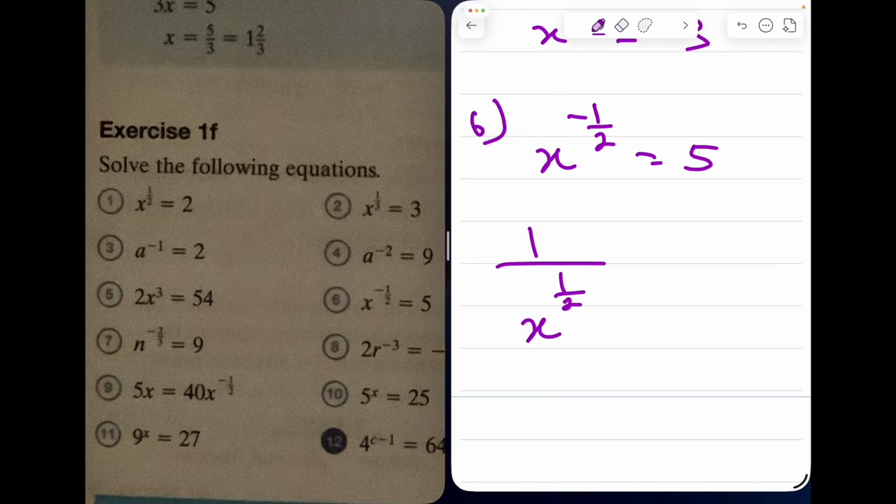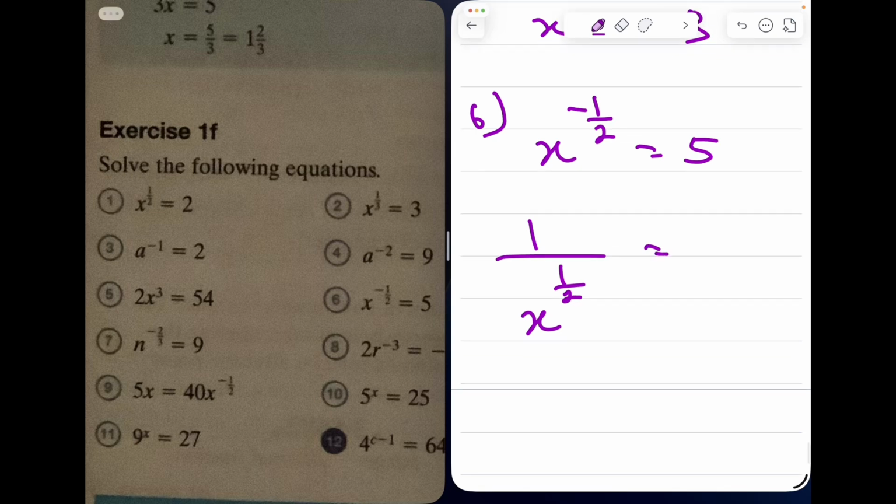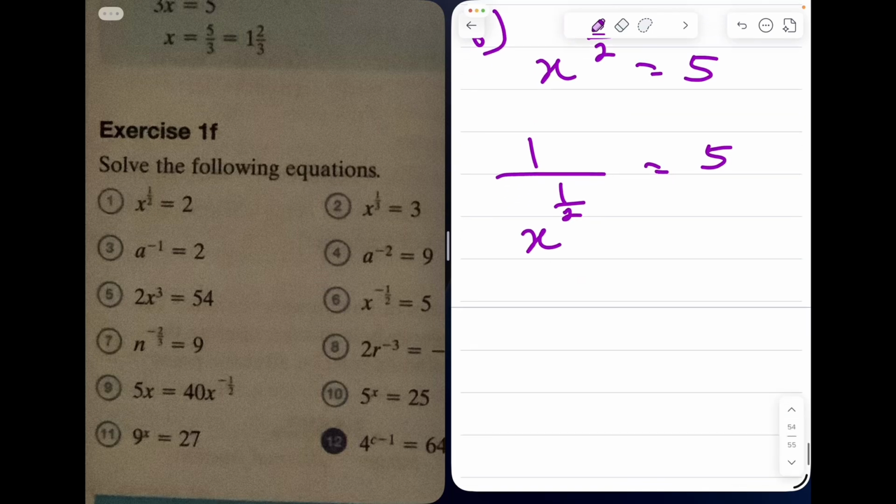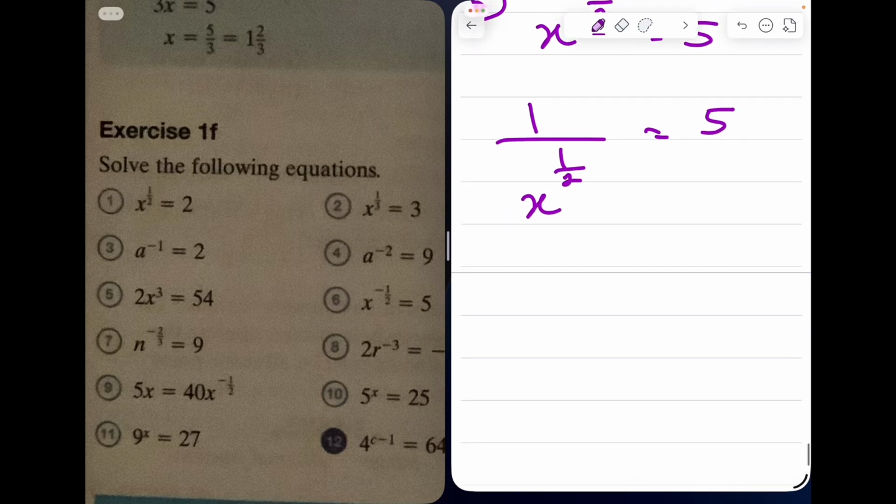Or we can write it as the square root of x raised to power minus 1, equals 5. And what this simply means is 1 all over the square root of x. x raised to power half is the same as the square root of x.